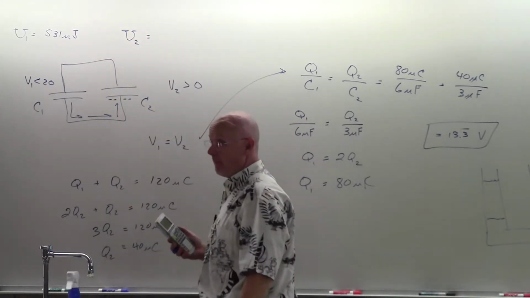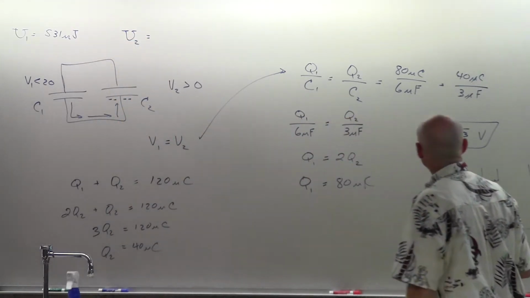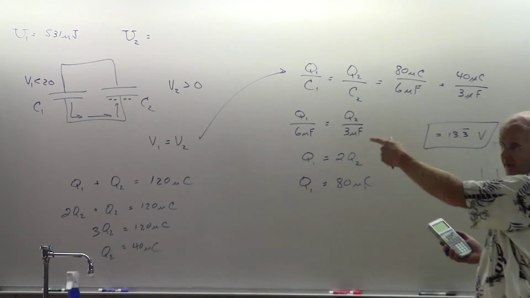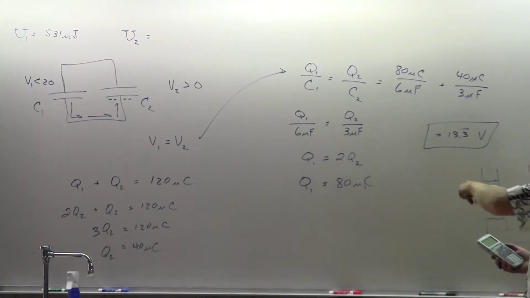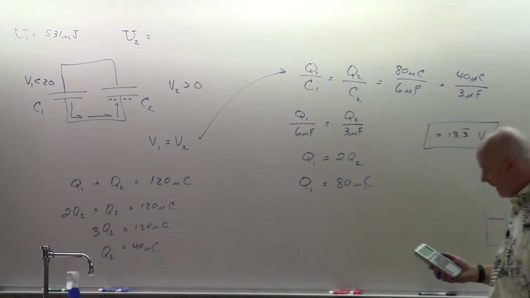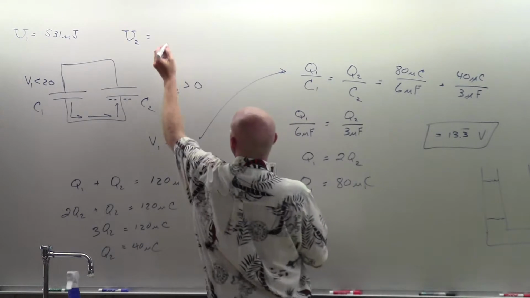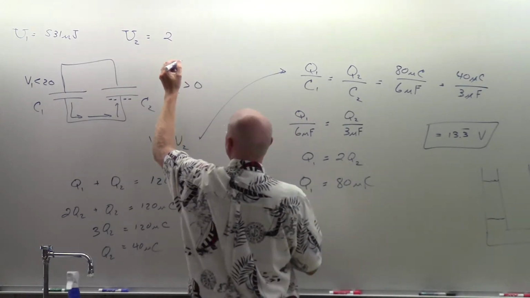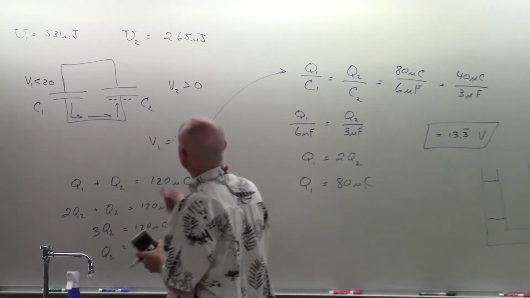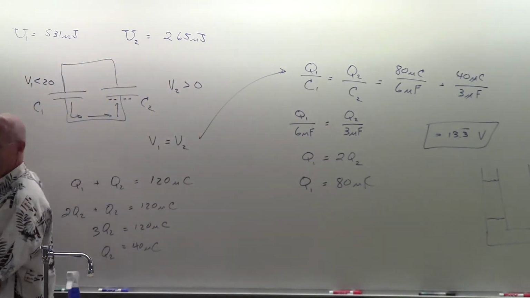The energy on number 2 would be 1/2 times a 3, which is half of the 6, times the same voltage squared. As a quick calculation, I'm just going to divide by 2. This should be 265 microjoules. Notice that when I add those two together, I don't get that.